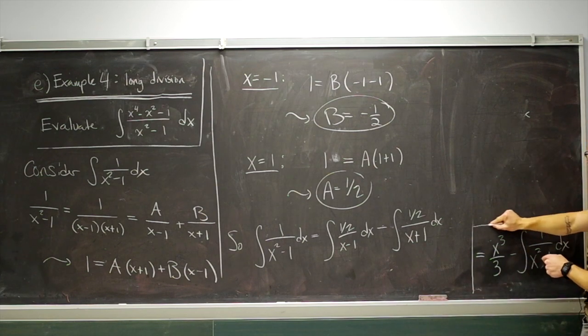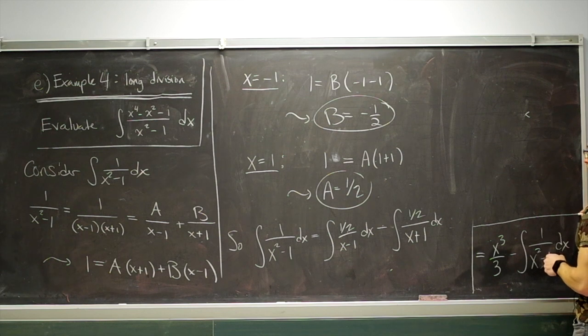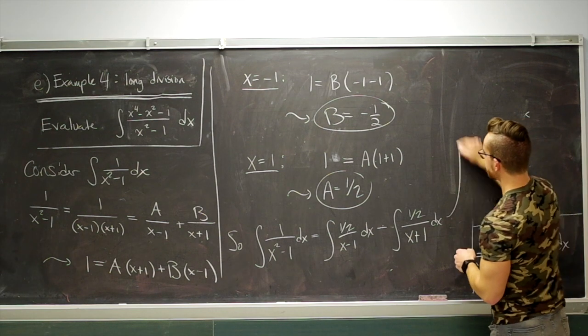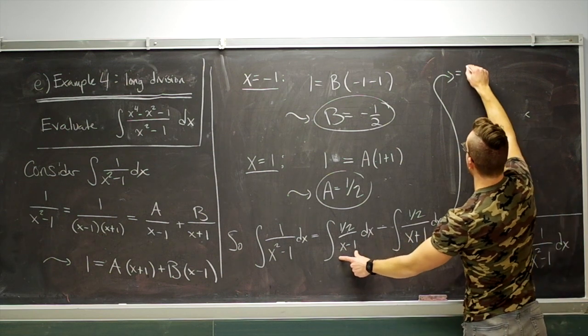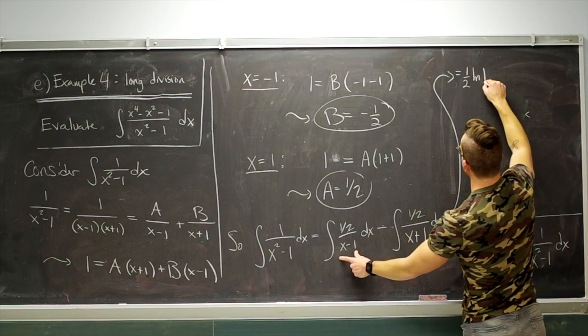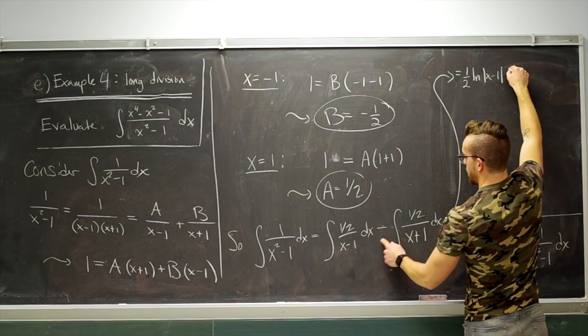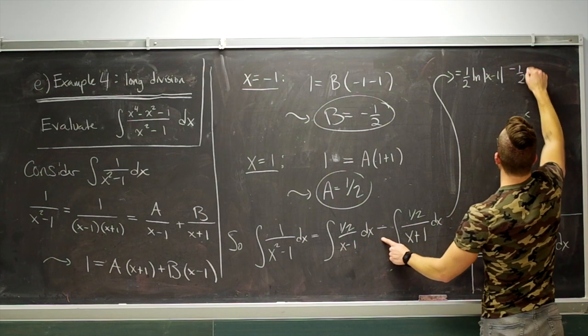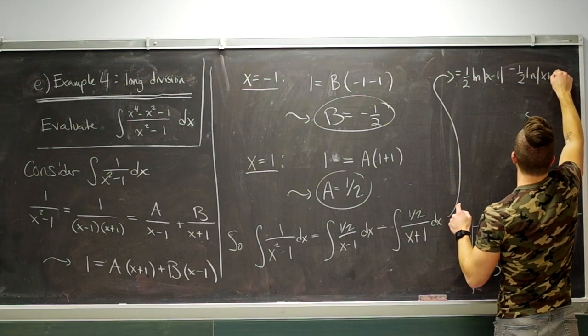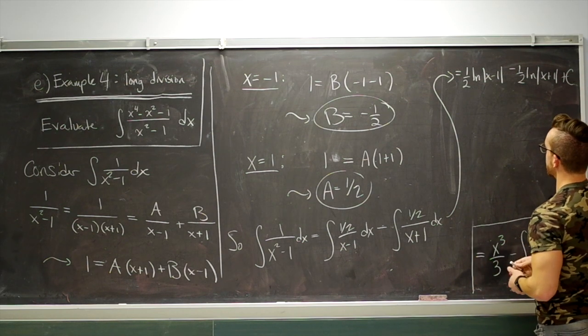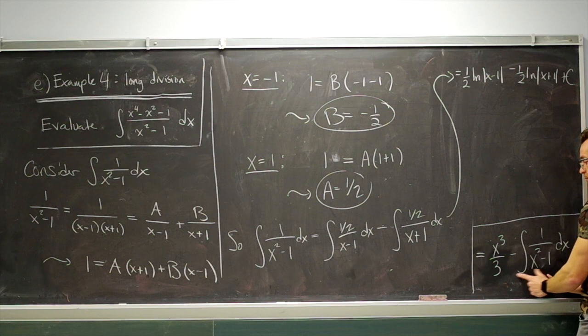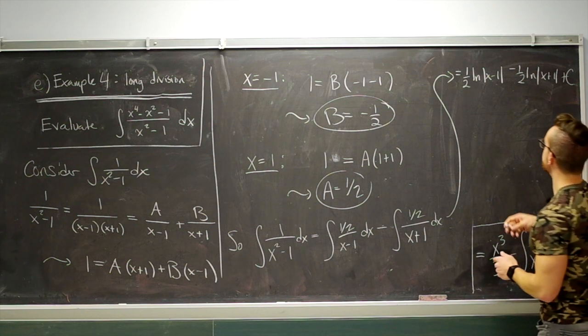And so I don't forget, I'll keep this last step up here. If we continue up here, this will be 1/2 log of x minus 1 in absolute value, minus 1/2 log of x plus 1, plus a constant, and then once we plug that back in here, we're done.